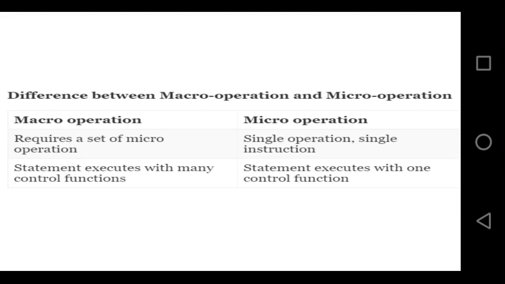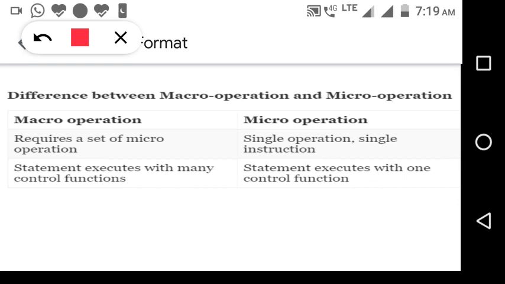I hope you understand that an instruction is divided into a set of macro operations, and these macro operations are further divided into micro operations. So you should understand the relation between these three: micro operation, macro operation and instruction.